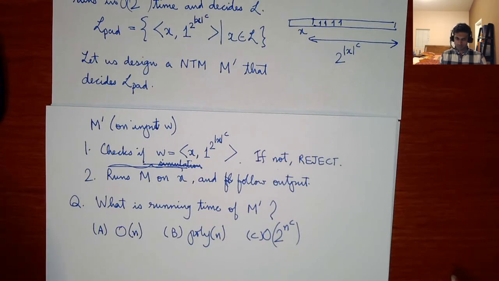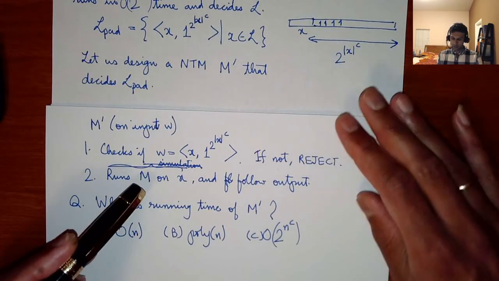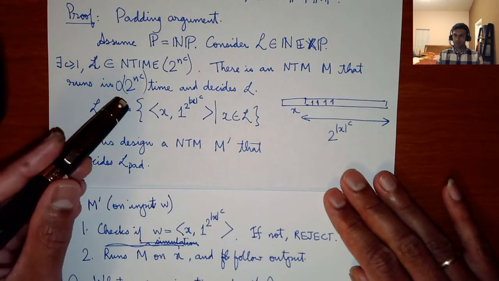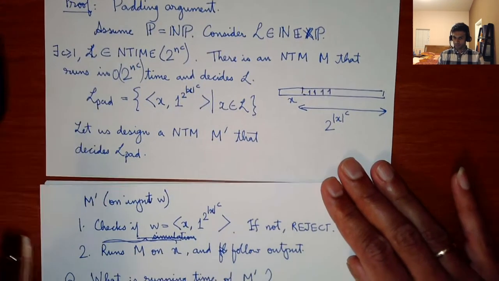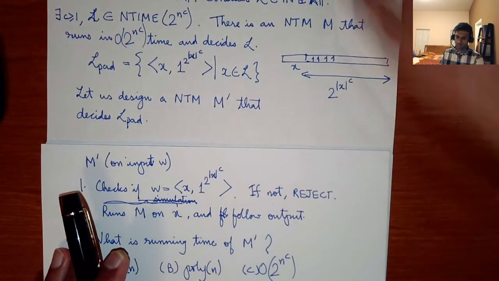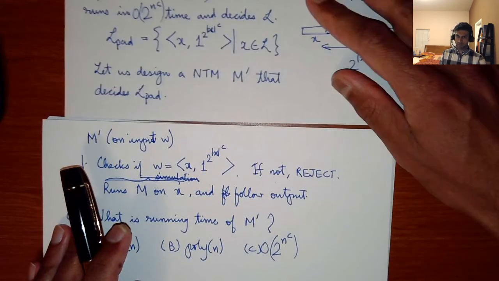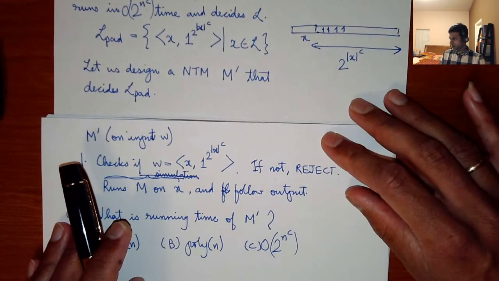What is the running time of M to begin with? The running time of M is O of 2 to the n to the c. Okay.